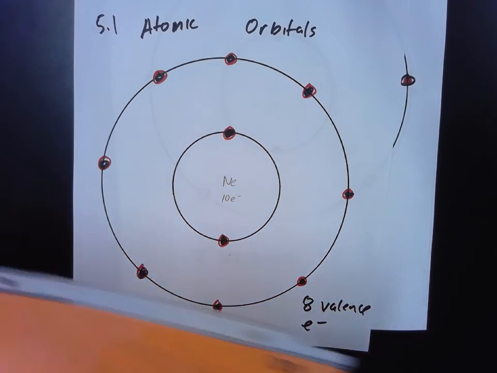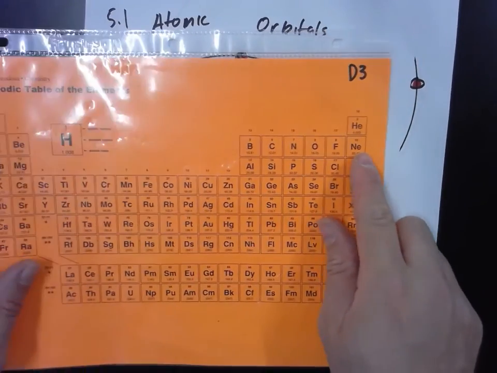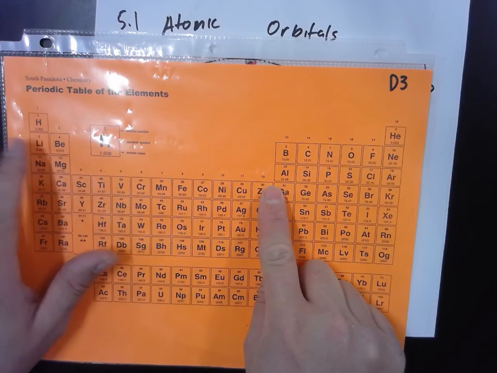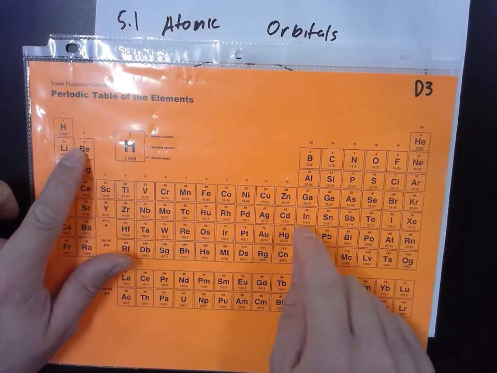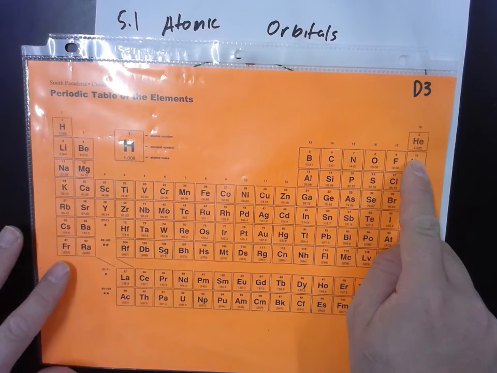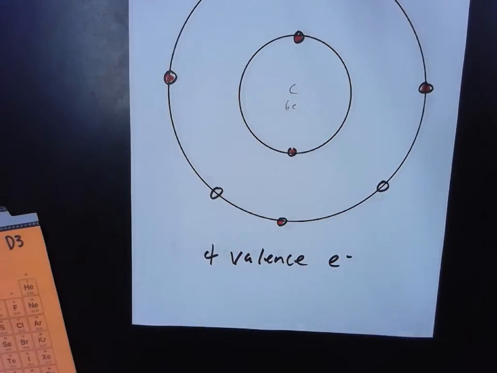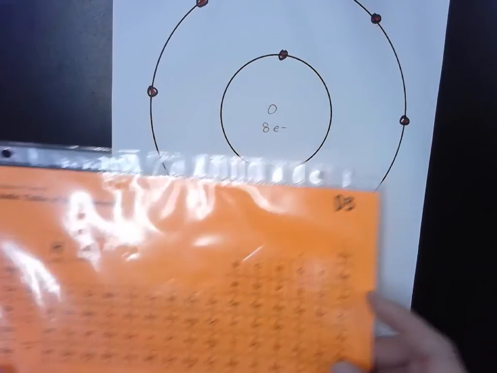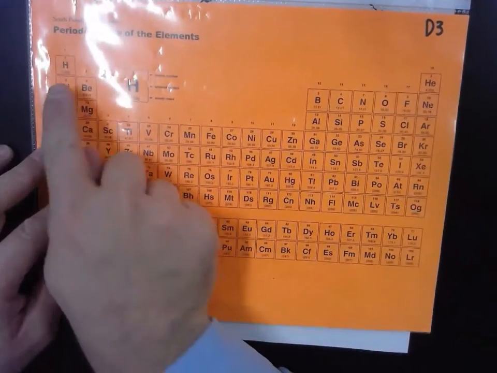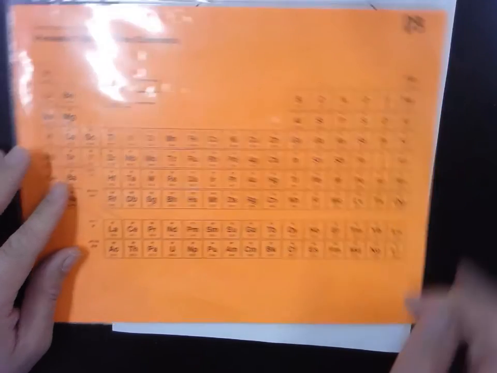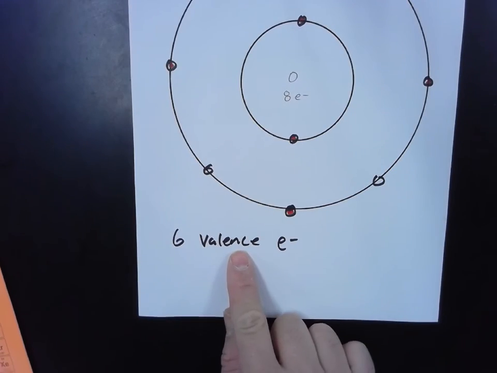If you look on your periodic table, let's look at neon. And let's start counting this row. We're going to skip the transition metals. We're going to count this column. 1, 2, 3, 4, 5, 6, 7, 8. Let's look at oxygen next. 1, 2, 3, 4, 5, 6. 6 valence electrons.